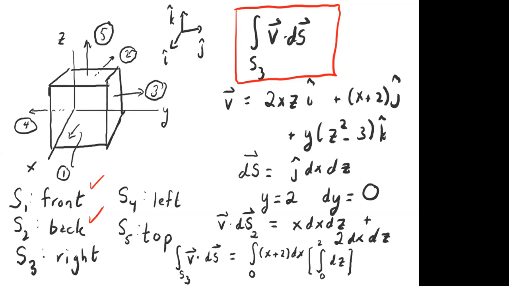So again, the neat thing is that x and z become independent variables. What is an integral over an area, a two-dimensional integral, now just becomes a problem of evaluating two one-dimensional integrals. And I'll leave this for you to do. This is just 12. Okay. So 3 down, 2 to go.